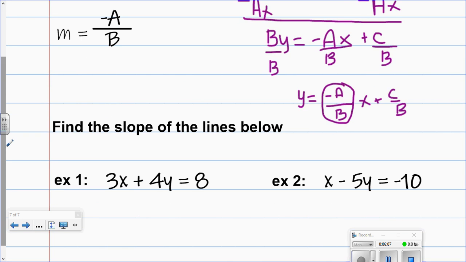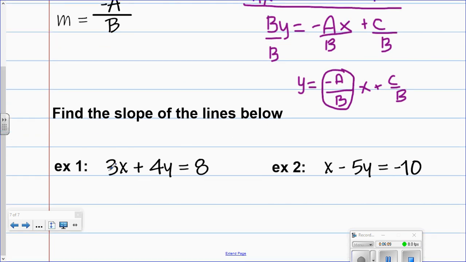So if you have to find the slope of these lines below, here I could solve these for y and put them in slope-intercept form, or I can identify that 3 is your a value, 4 is your b value, so your slope is equal to the negative a value over your b value, which is 4.